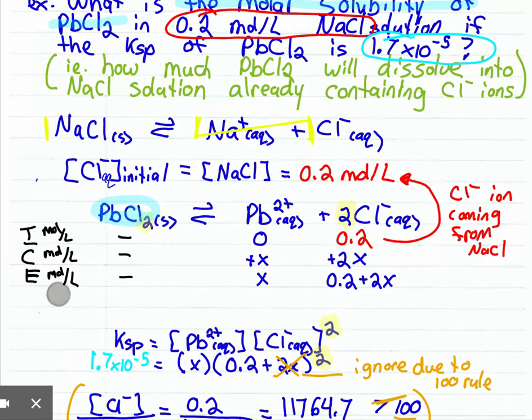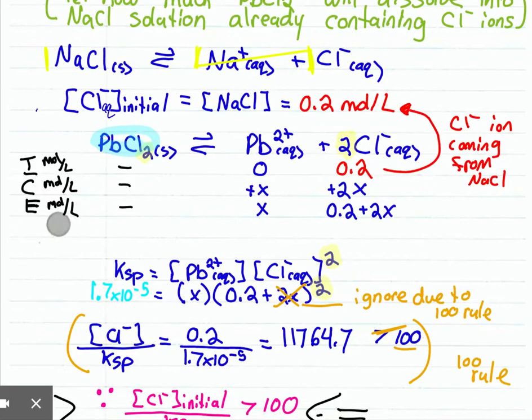Now, you don't have perfect squares here, so you are going to have to check the 100 rule. So you're going to do that calculation: initial chloride ion concentration over Ksp. So 0.2 divided by Ksp. Here's our number. We see it's greater than 100.